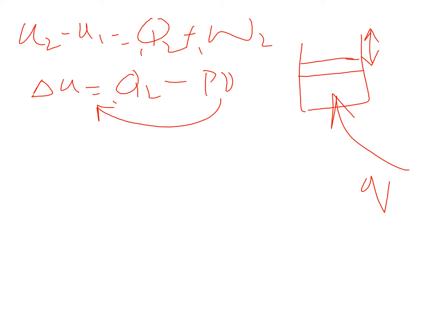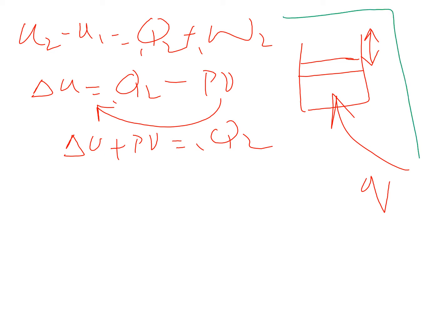Then delta U plus PV is equal to Q12. If it is a constant pressure assembly, then throughout the transition of the system the pressure remains constant. As you can see in the picture of this system, it is a constant pressure cylinder assembly, and we are talking about the specific heat at constant pressure.